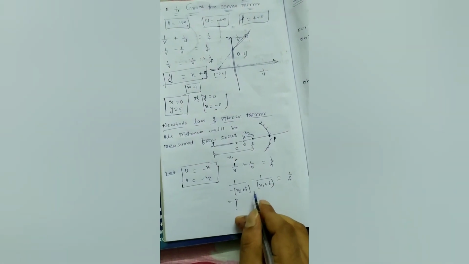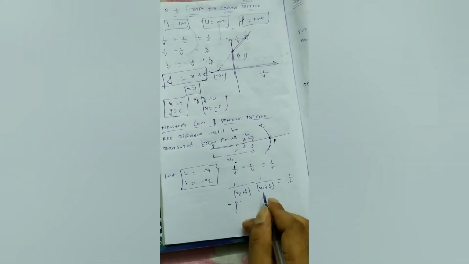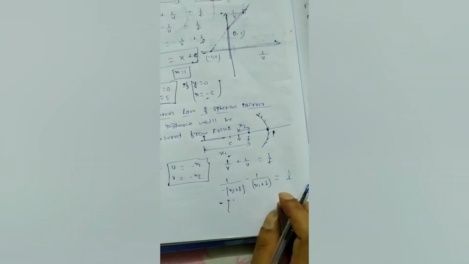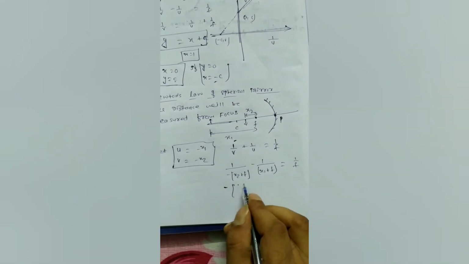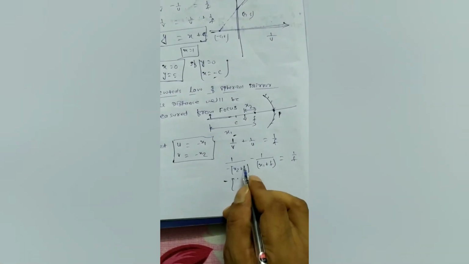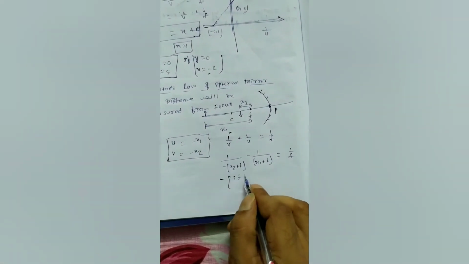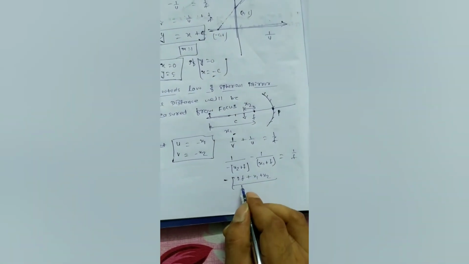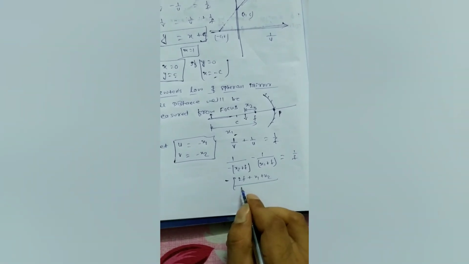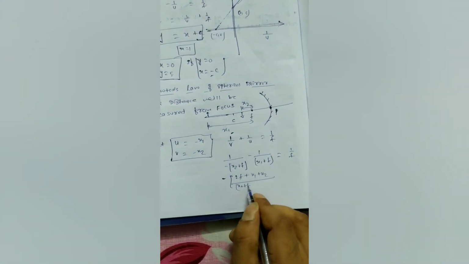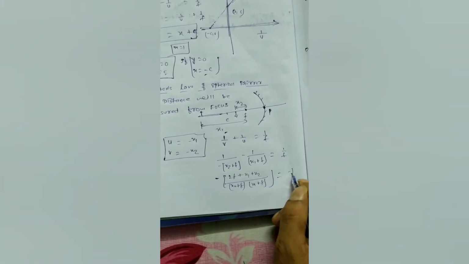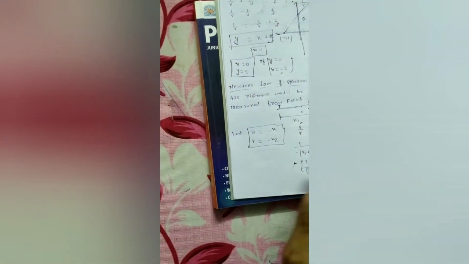Solving, f and f become 2f plus x1 plus x2, divided by x2 plus f into x1 plus f, equal to 1 by f, the minus gets cancelled. So just cross multiply.